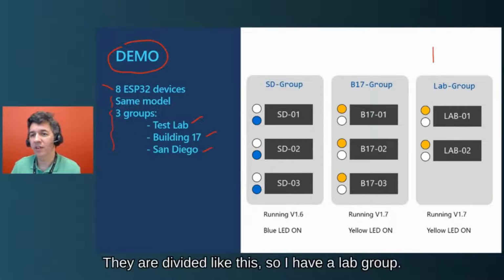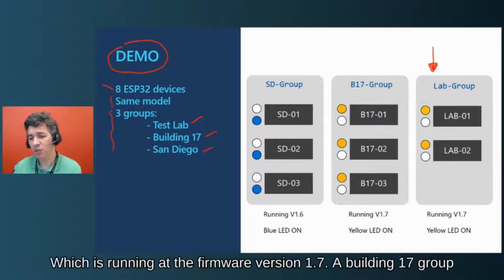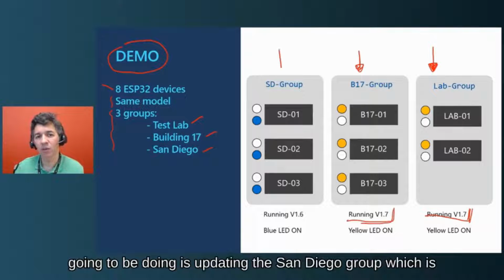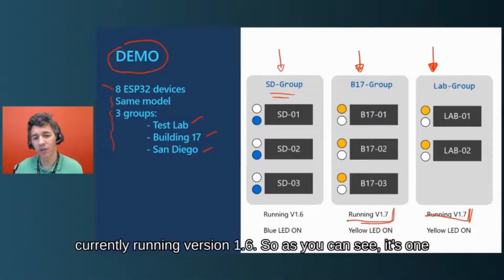The lab group is running firmware version 1.7. The building 17 group is already updated to version 1.7. What we're going to be doing is updating the San Diego group, which is currently running version 1.6, so as you can see, it is one version behind.